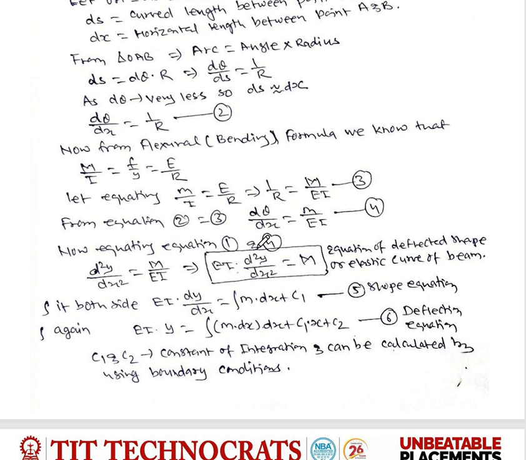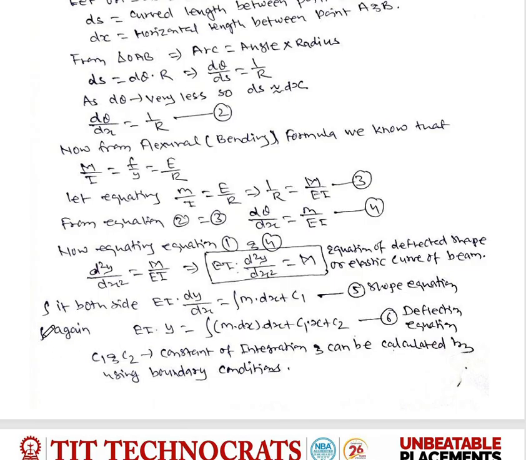Now suppose we integrate it once. The integration of EI d2y by dx square is EI dy by dx, which equals the integration of M. M is a function of x, so that is the integration of M dx plus c1, and this equation is known as the slope equation, as dy by dx is the slope, and c1 is the constant of integration, which can be calculated by using boundary conditions for the slope.